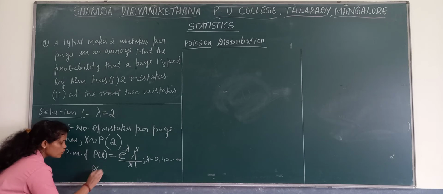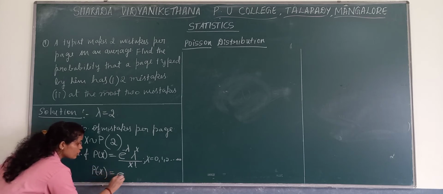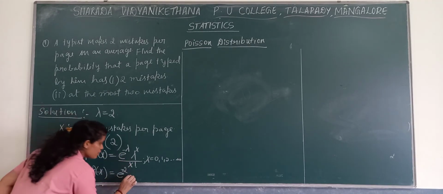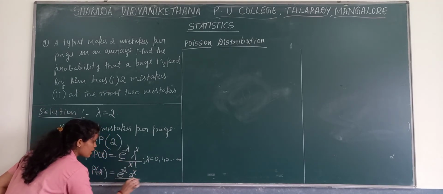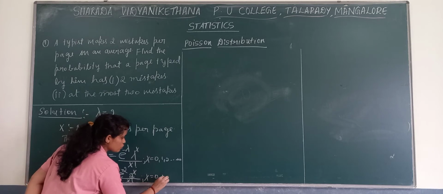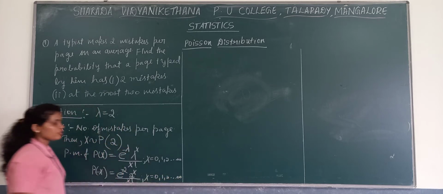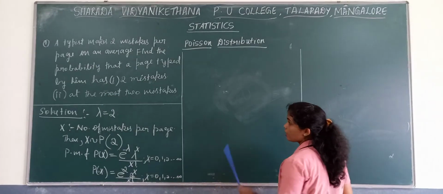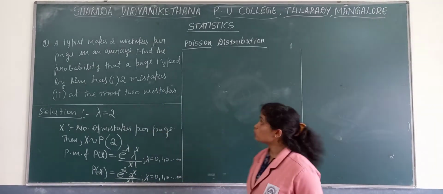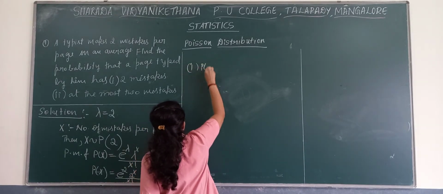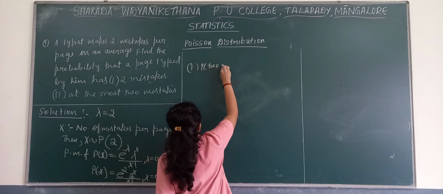Then according to this problem, e to the power minus 2, 2 to the power x divided by x factorial, and x is equal to 0, 1, 2 till infinity. Now take the first question, that is 2 mistakes. The first question is P of 2 mistakes.